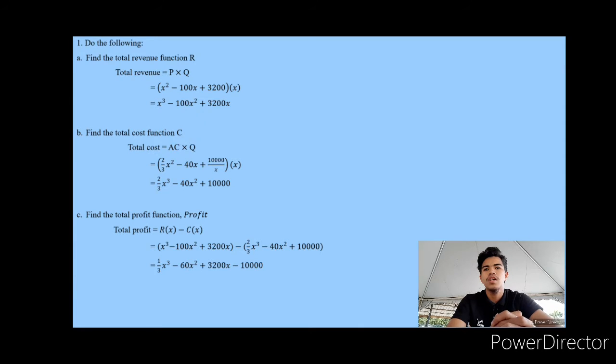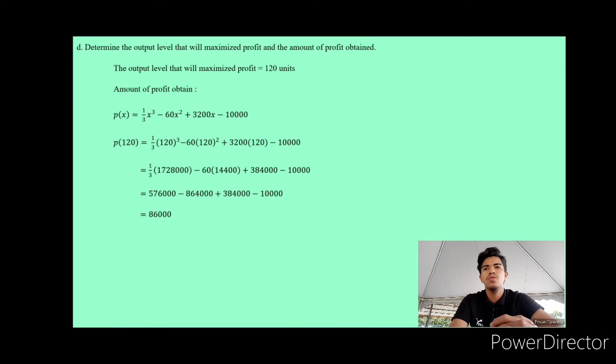Next, to find the total profit function, we need to subtract R(x) and C(x). That we can get P(x) equals 1/3 x to the power of 3 minus 60x squared plus 3200x minus 10,000. For question D, determine the output level that will maximize profit and the amount of profit obtained.